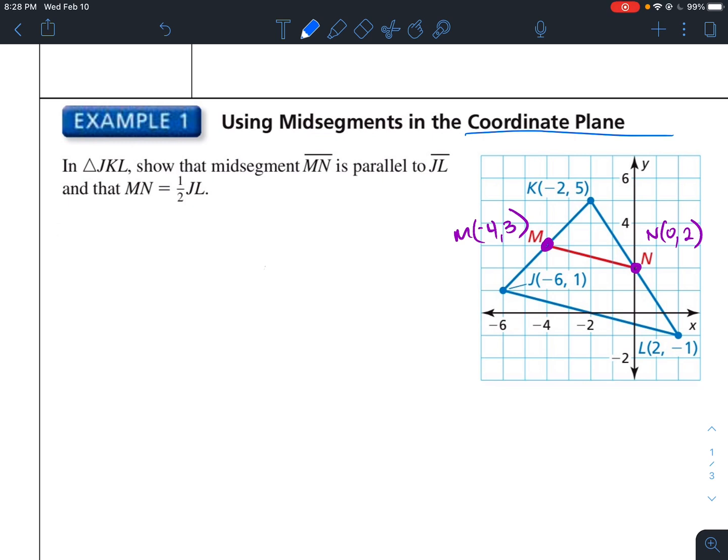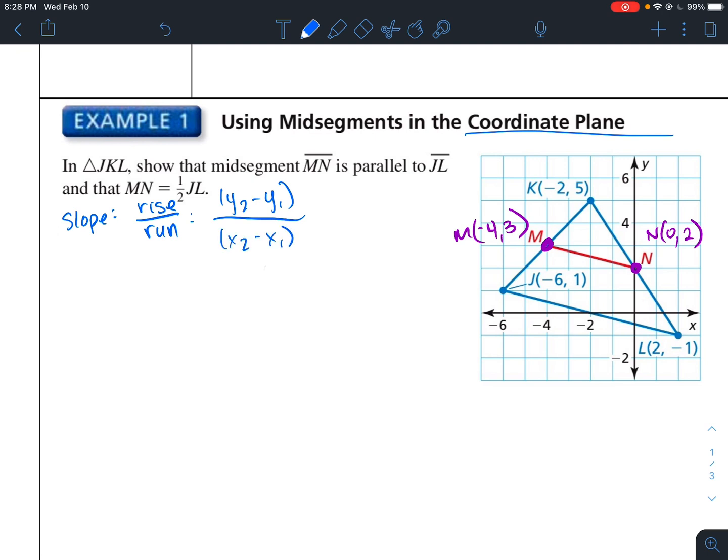So we want to find the slope between these points. Now to find the slope between these points, remember that slope is rise over run. Now to find the rise, we need to take y2 minus y1. And then to find the run, we want to do x2 minus x1.